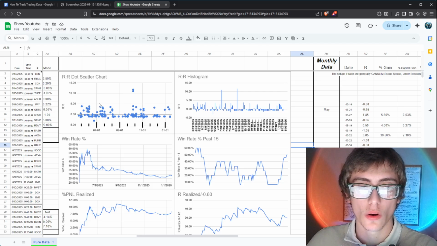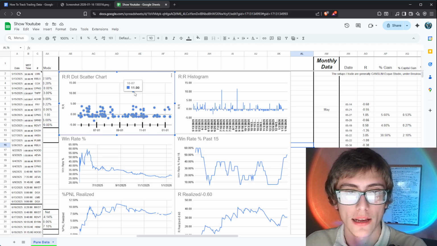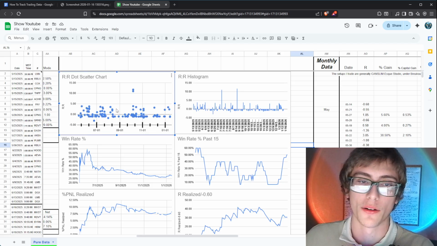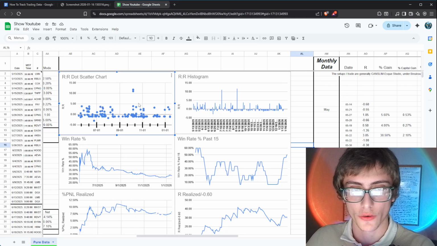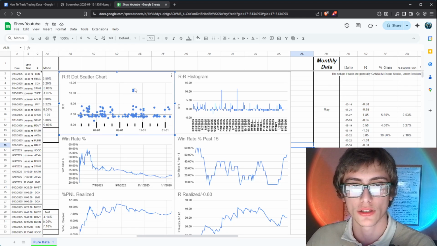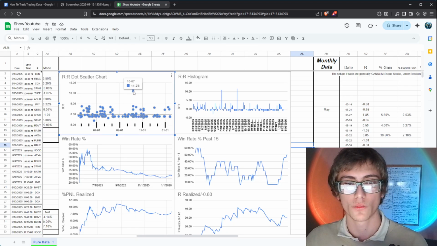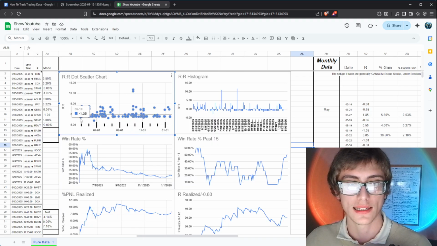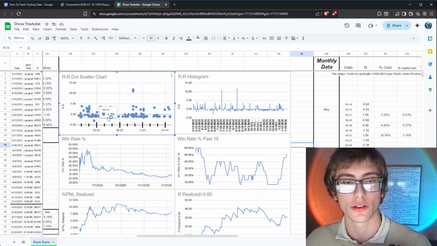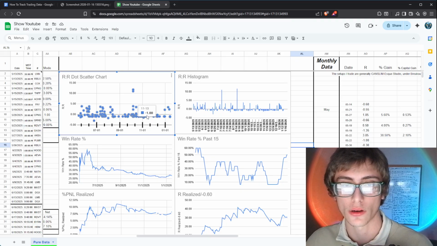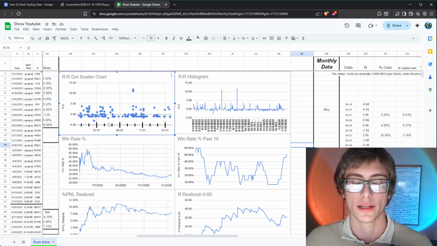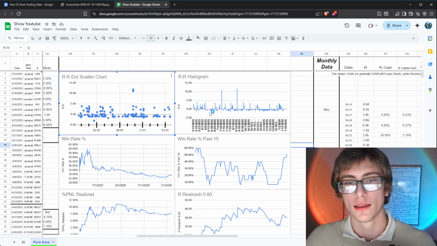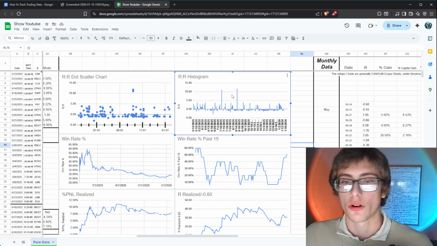So for the RR scatter chart, you can see that the majority of my trades are under 5R, but occasionally I can capture some way beyond that. And then also you can see the majority of my stop losses are -1R, but occasionally you'll have a gap down or some freak slippage situation or something like that. Similar thing with the RR histogram.